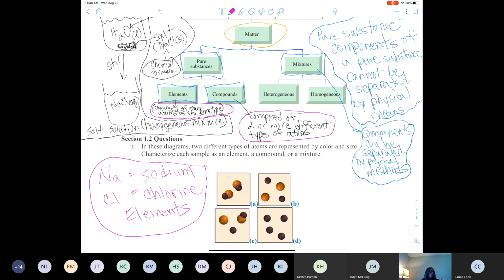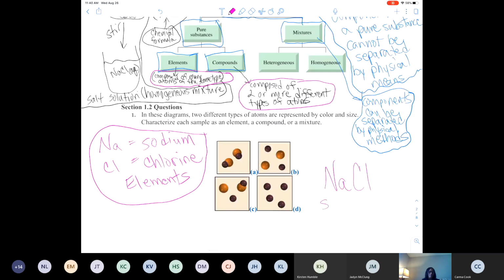Now, if we put these two elements together and bond them together, we make NaCl, which is sodium chloride, which we also know as common table salt that we have in our kitchen.